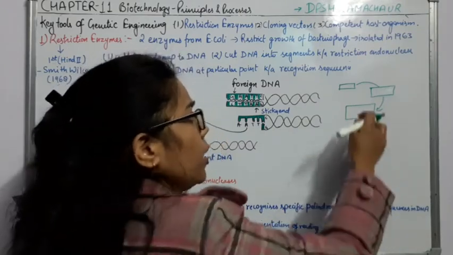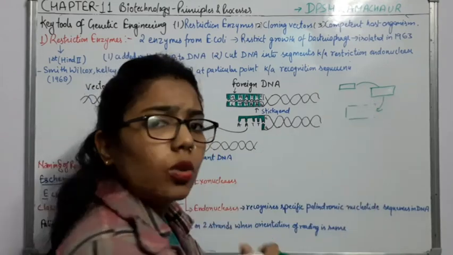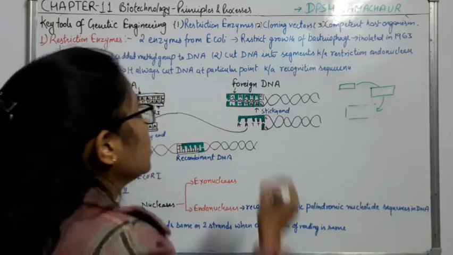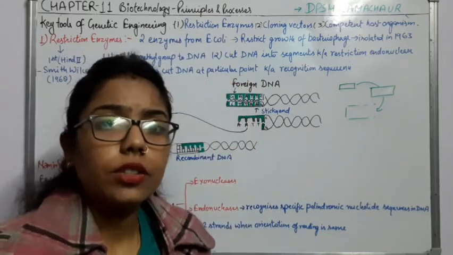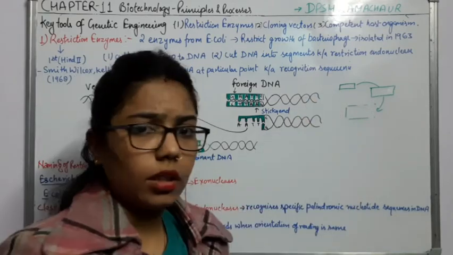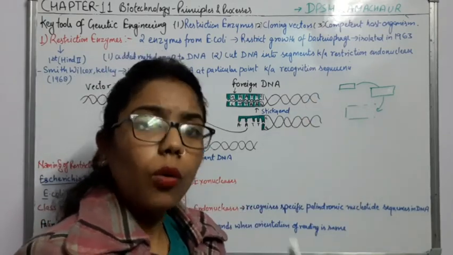So we have to manipulate this structure. How will I manipulate? With the help of genetic engineering. And the first thing required here is the restriction enzymes. This gene of interest is coming from the whole DNA.